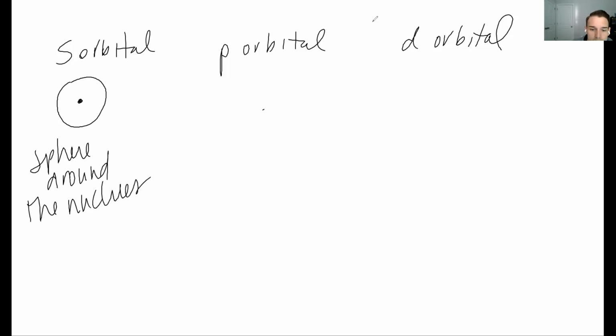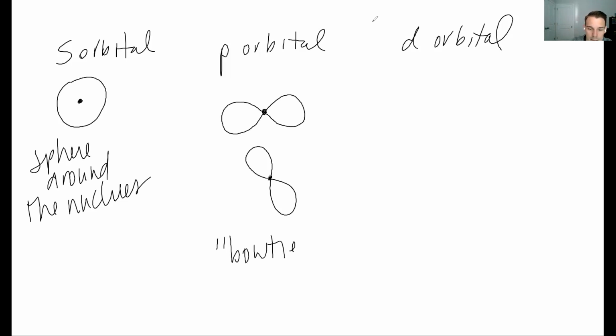A p orbital, if this is the nucleus, it's like an infinity sign, or like a bow tie. And remember, this is in 3D, so it can rotate. Again, this part right here, the dark part, the circle, is going to be the nucleus.